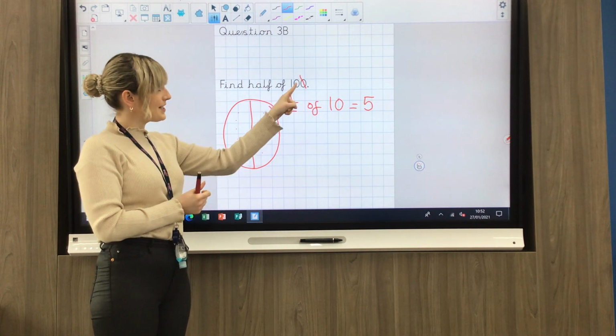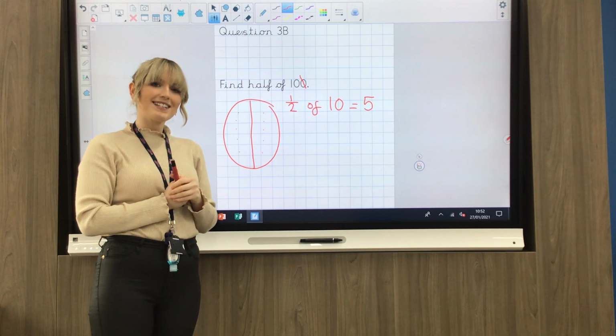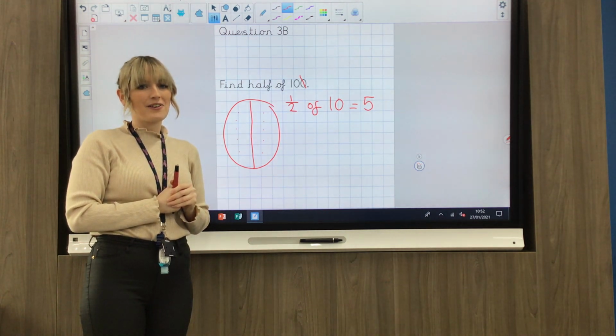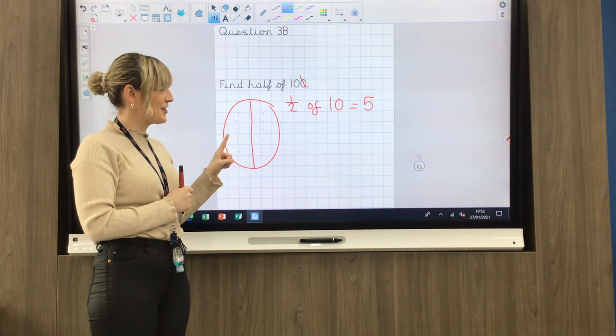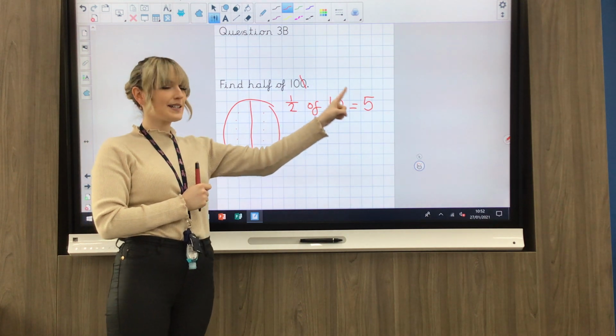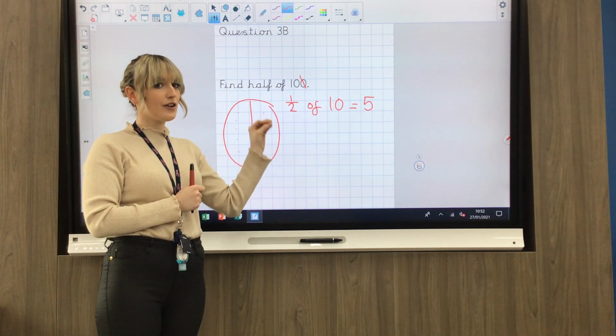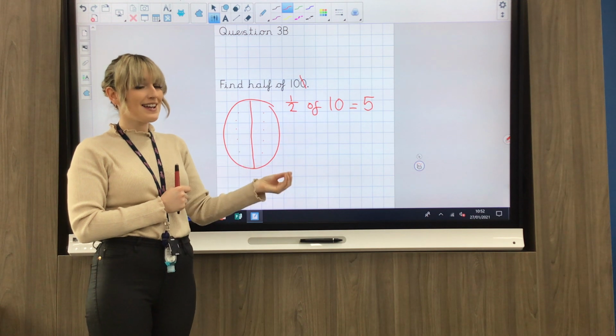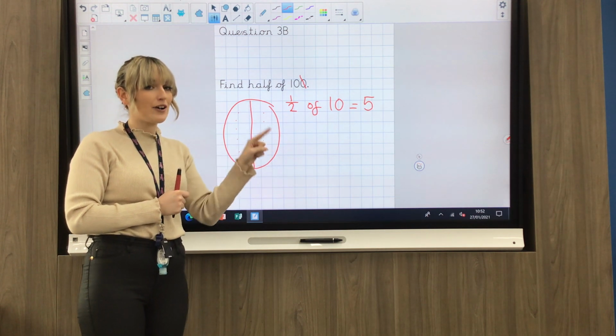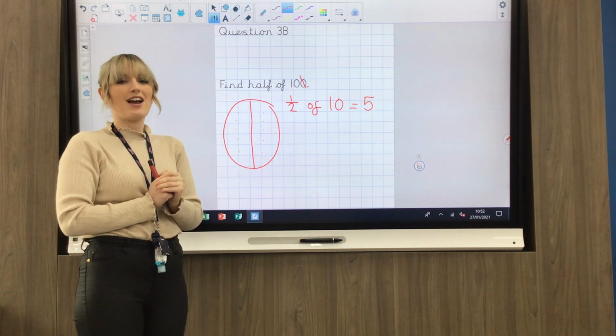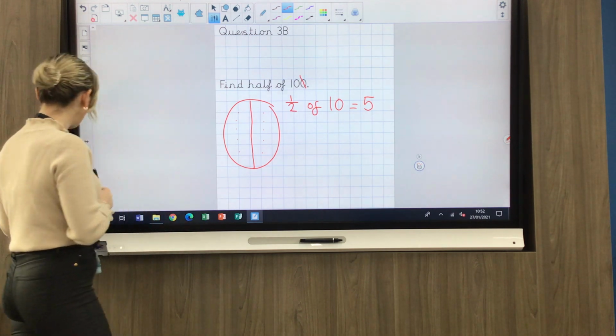So now we need to put the 0 back on to make it 10 times bigger. I'm going to leave that part to you. If half of 10 is 5, half of 100 is going to be... remember, put that 0 back on to make it 10 times bigger. I'm sure you'll find the answer.